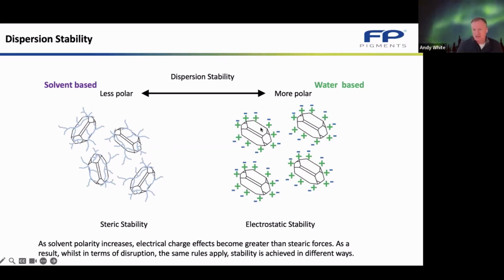Whereas in water-based systems, everything is polar, everything is charged, and you manage the stability of the TiO2 and the latexes and everything with the charge on the surface. It's important to understand those two things are very, very different.